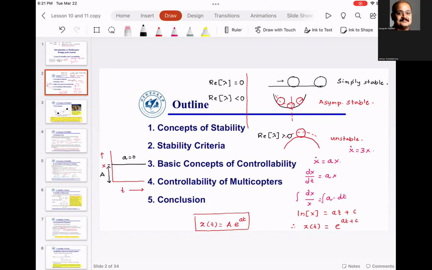Now, if my a is less than 0, do you agree with me? It's kind of going down, which means as time t goes to infinity, x of t goes to 0. Do you agree with me?